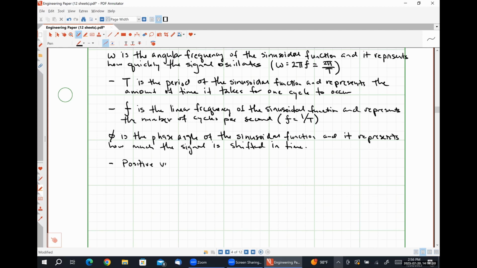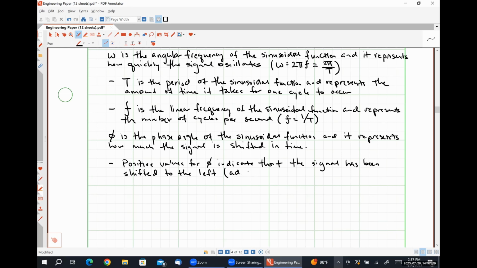Positive values for phi indicate that the signal has been shifted to the left.